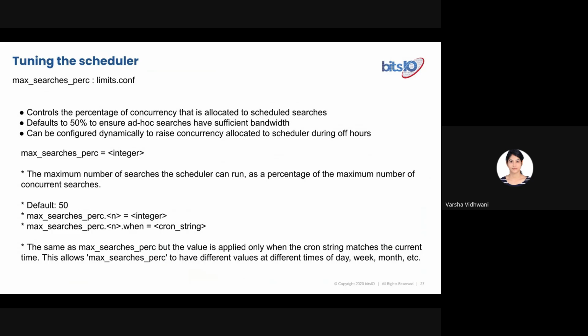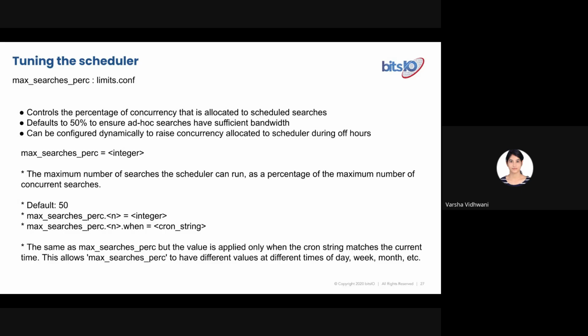Next option is the max searches percentage, which is set in the limits.conf. This setting controls what percentage of the system's total search concurrency is allocated specifically for the scheduled searches. By default, we have 50%, meaning only half of the available search slots can be used by the scheduled searches.